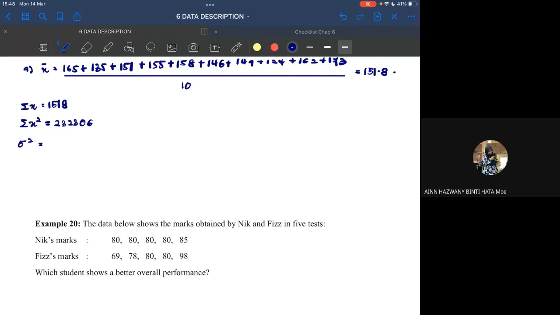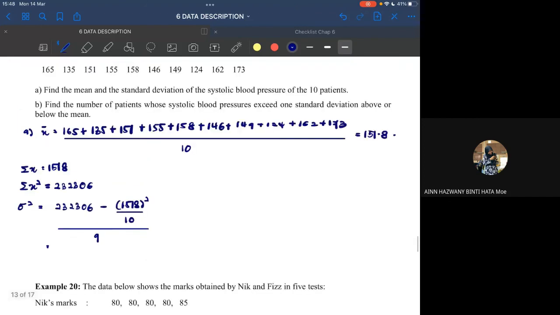So macam biasa masukkan dalam formula. Variance is equals to 232306 minus 1518 square divided by n, which is 10, divided by 10 minus 1, 9. Ataupun sebenarnya soalan tak suruh cari variance pun. Betul tak?